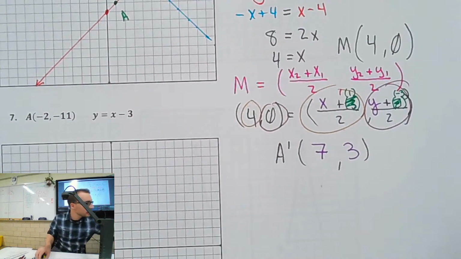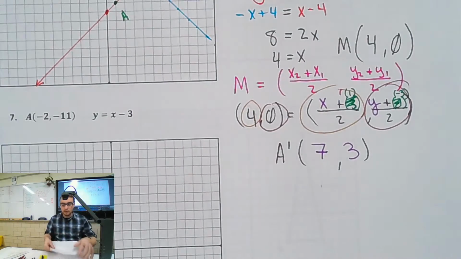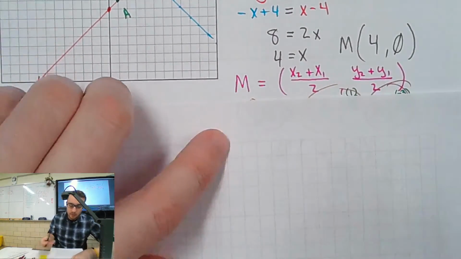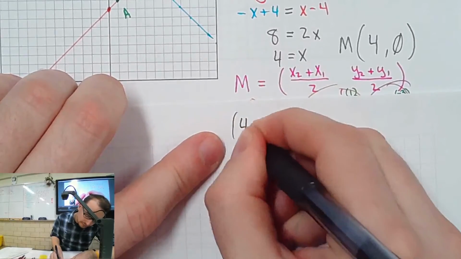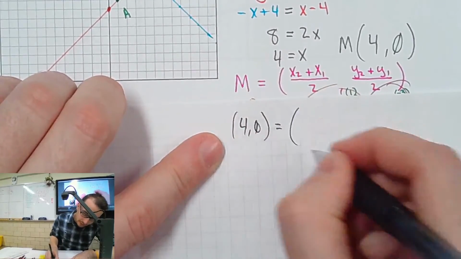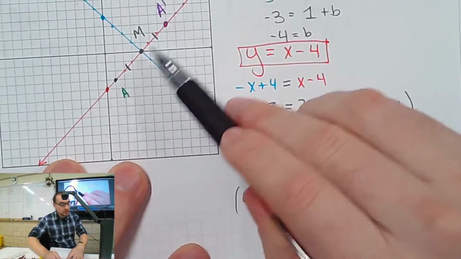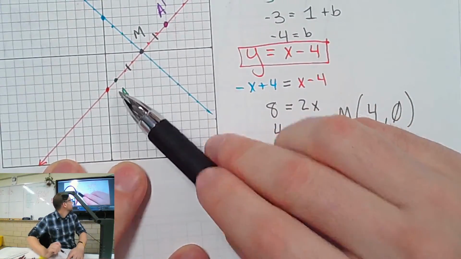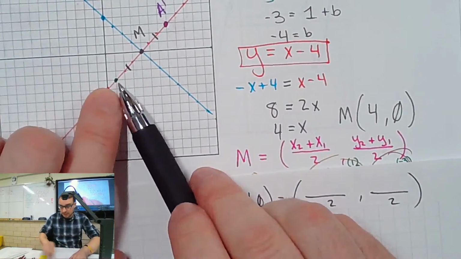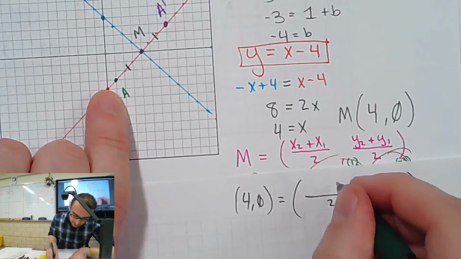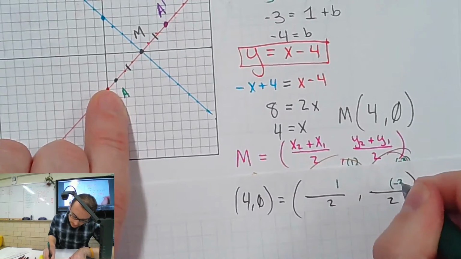Then we do the midpoint formula. We know our midpoint is 4, 0. We just found it. And we know that the midpoint is going to be the middle between these two, right? So we know one of our endpoints is this guy. We were given that: 1, negative 3.